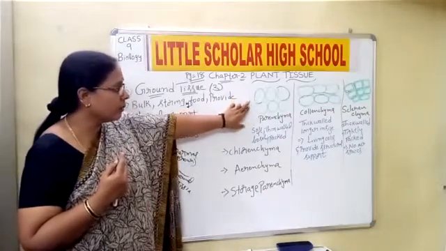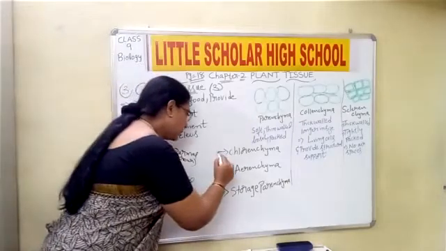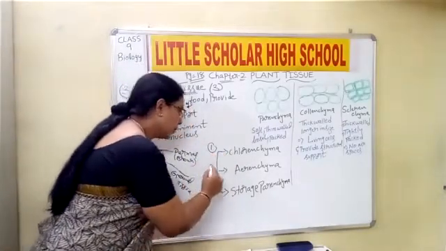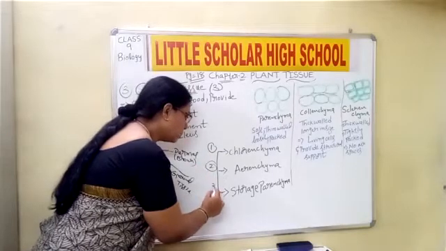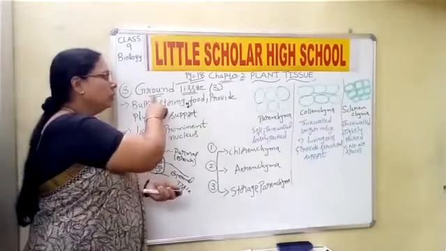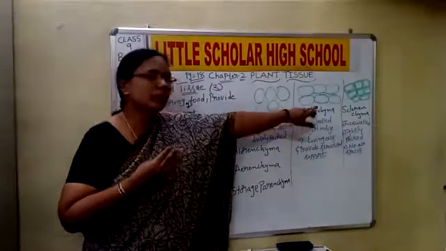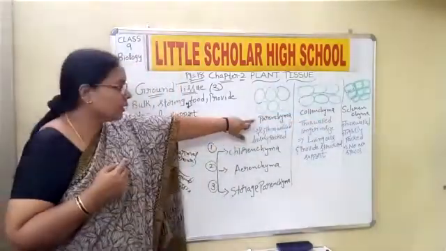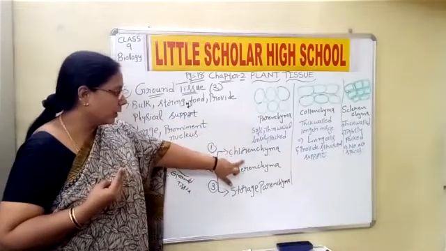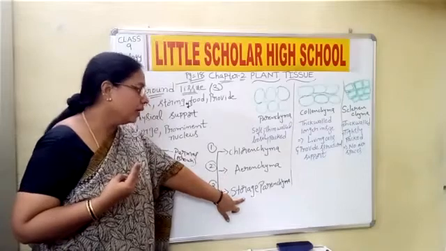Now this parenchyma is again divided into three types, that is chlorenchyma, aerenchyma and storage parenchyma. Ground tissue is divided into three: parenchyma, collenchyma, sclerenchyma. The parenchyma is again divided into three: chlorenchyma, aerenchyma and storage parenchyma.